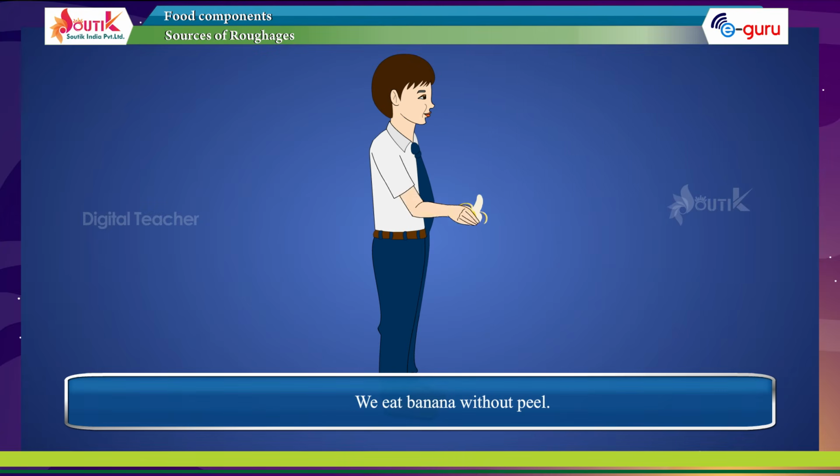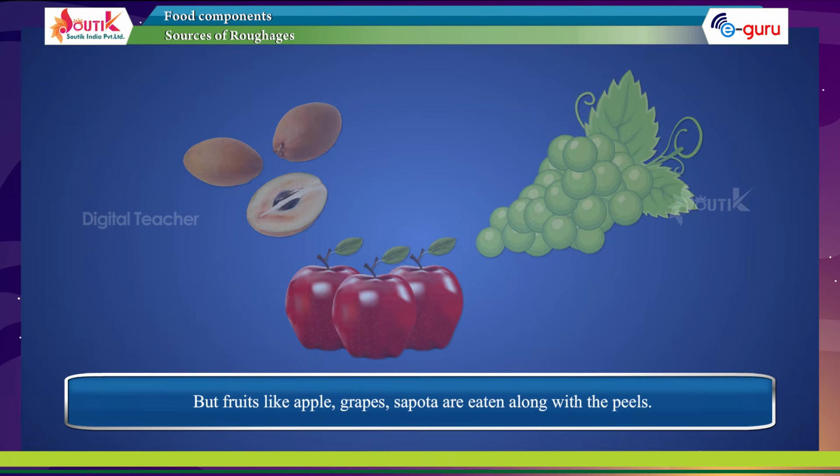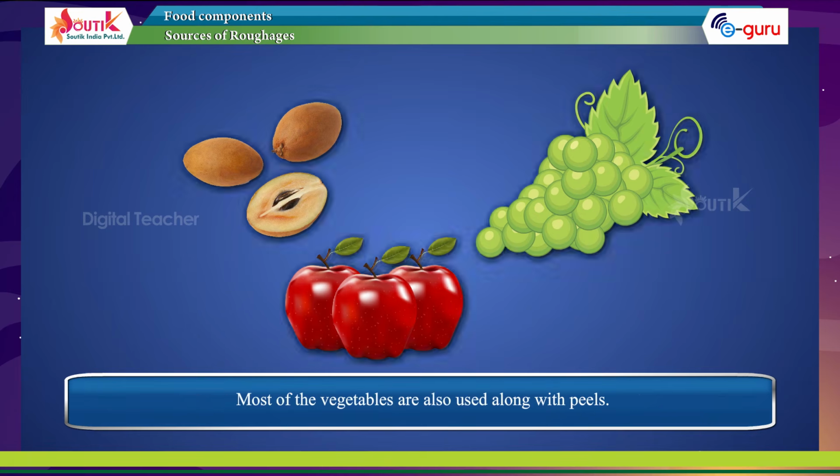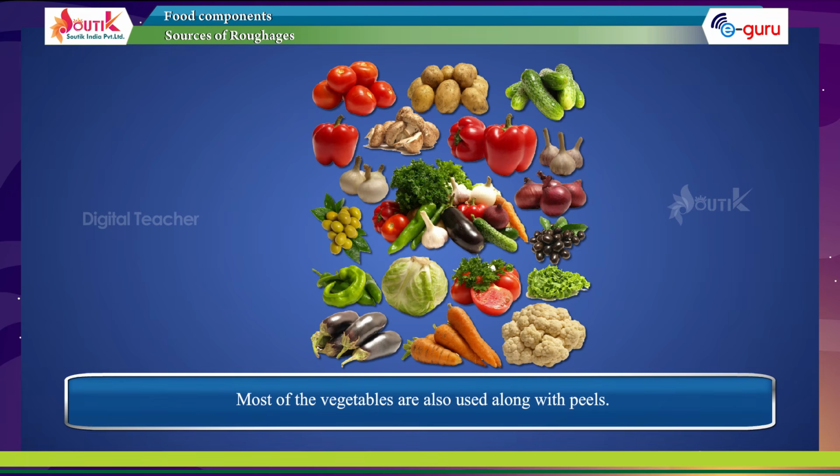We eat banana without peel, but fruits like apple, grapes, sapota are eaten along with the peels. Most of the vegetables are also used along with peels.